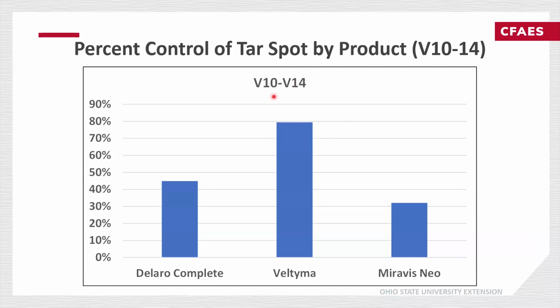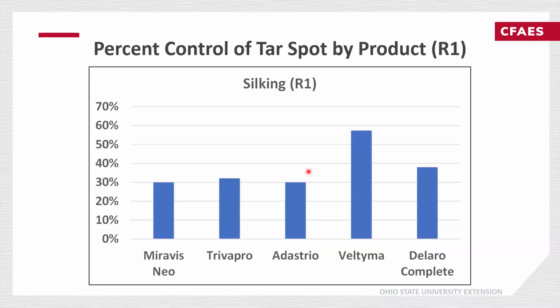We can see at V10, V14, all of our products performed well. So when you're looking at this bar chart, we're looking at the percent control. So how well did it control tar spot compared to our untreated control that had no fungicide applied? And the taller that bar is, the better control we had from that application. So all 3 did well, but Veltima really performed the best at V10 to V14.